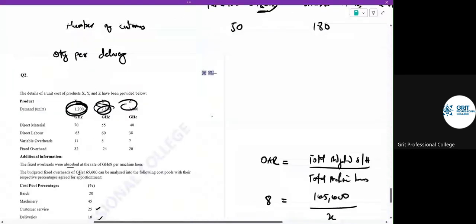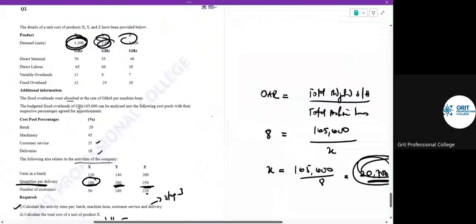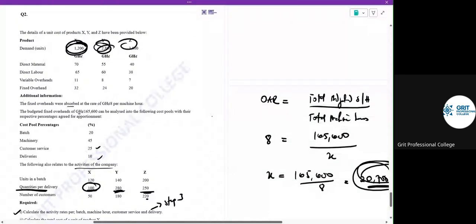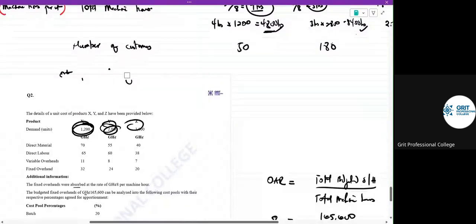All right. So same thing here for the deliveries. We'll be looking for what? Number of deliveries. Okay, and that one too, we will have to work it out. So we are producing 1,200.